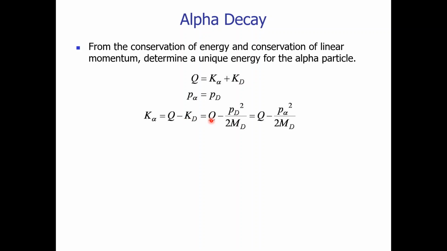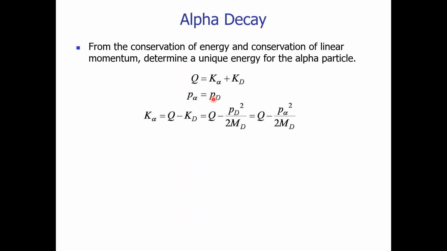Here we just need to put in the value for the kinetic energy of the daughter nucleus, which is p squared over 2 m_d.